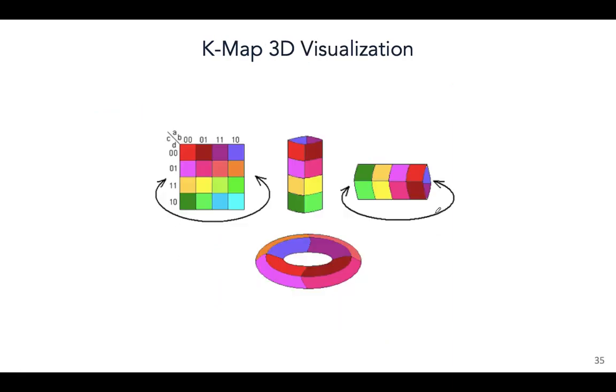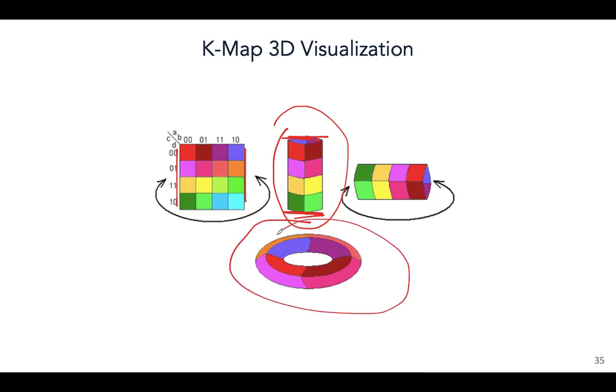Here's a diagram. So what happens is, suppose this is a 4-variable K-map. First, we combine this edge with this edge to get this kind of cylindrical surface. And then we combine this edge with this edge, right, to get this donut shape. So this is how you try to get a 3D visualization of a 4-variable K-map.